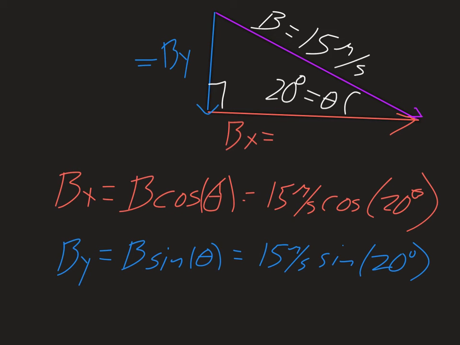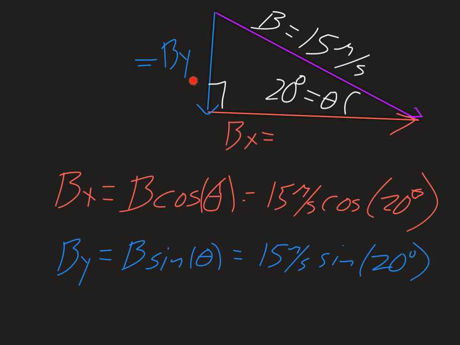Now, as you can see, we can also take the second vector, our b vector, and we can break it down in the exact same way in its component parts. So you're going to have a b of y and a b of x. That's going to give us b of x is equal to b, that's the hypotenuse, times cosine of theta, our angle, which ends up being 15 meters per second times cosine of 20.